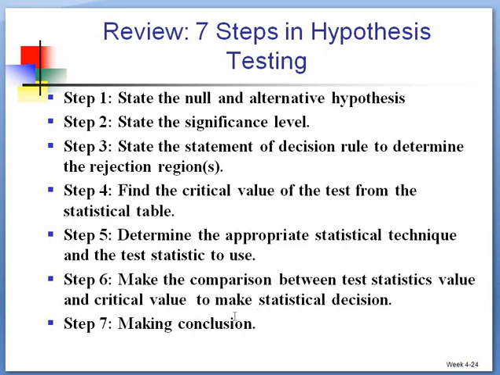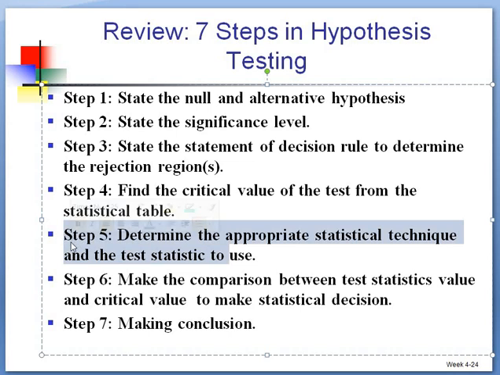After that, sometimes the question might ask you to find the p-value. By using the test statistic that we get from step 5, we can refer to the table to get the p-value. If it's a two-tailed test, multiply by 2; if one-tailed, no need to multiply by 2.